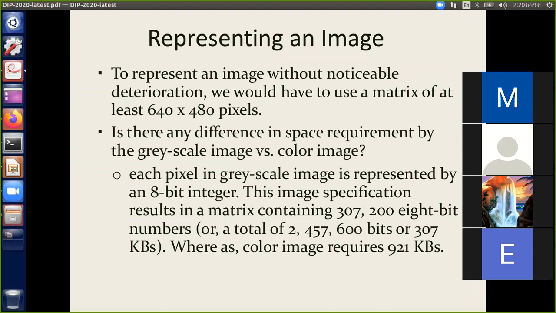That means we go for JPG or JPEG for lossy compression, otherwise TIFF, PNG, PNM for lossless compression, which compress but keep the content as it is. But JPEG or JPG even decreases the content, the intensities, as per human visualization.